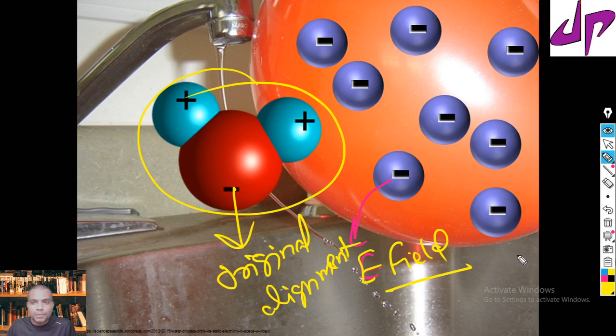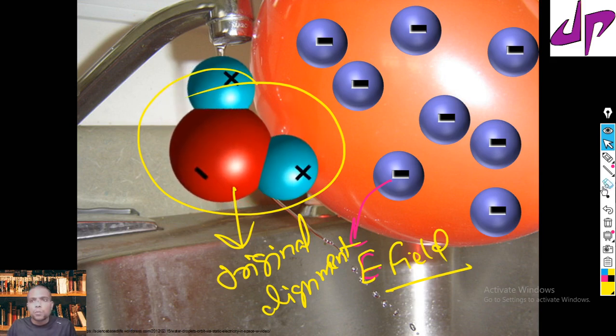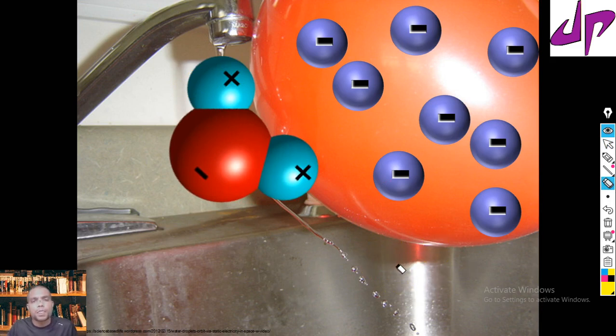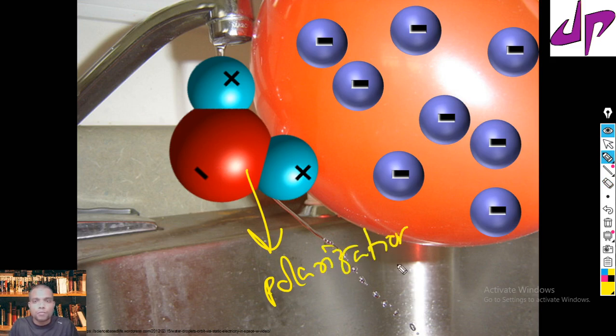But in the presence of the charges, polarization takes place in the water molecules. Now the water molecules turn, and this effect we call polarization. That is the cause of the bending of the water stream.